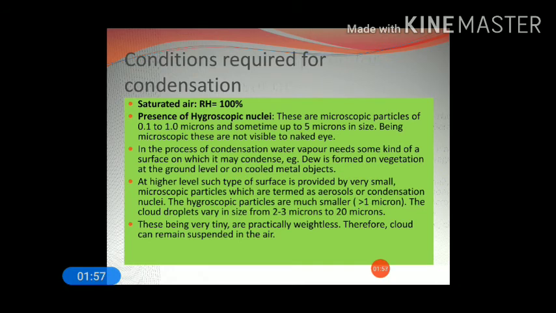Due to the tiny size of these microscopic hygroscopic nuclei, they remain suspended in the air. So you observe clouds floating in the air, and this is due to the small size of the nuclei on which the water droplets condense.